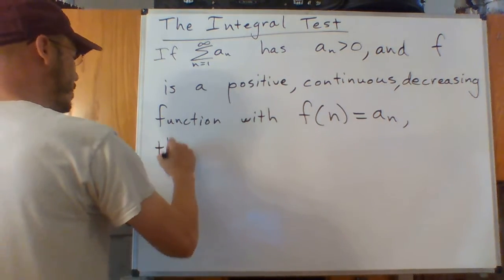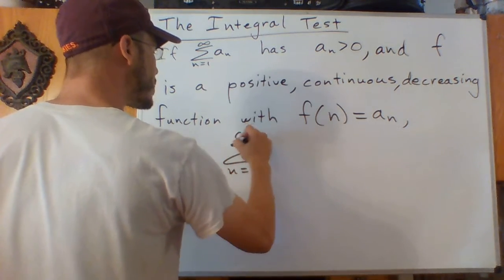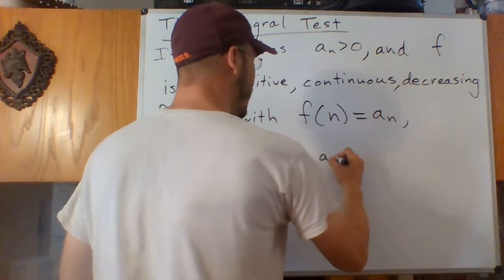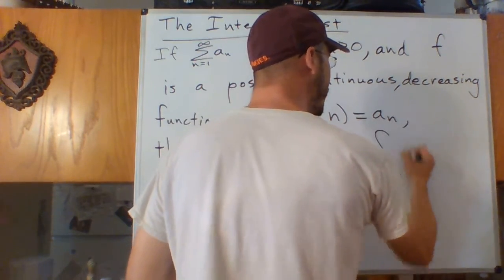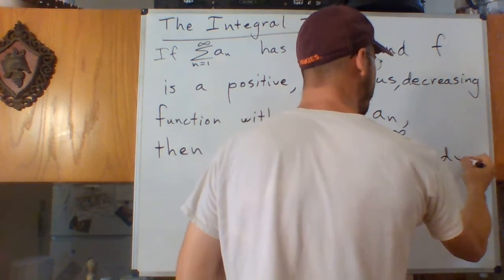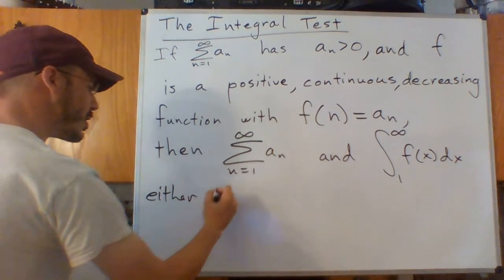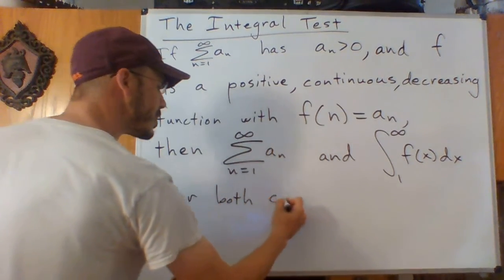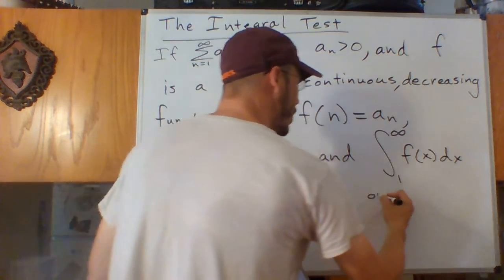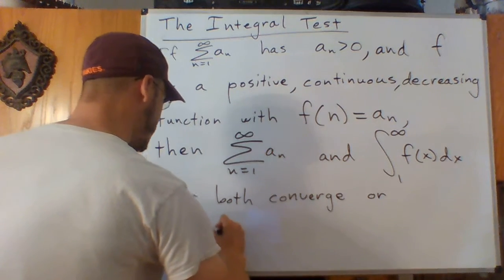Here's the conclusion. Then the sum from n equals 1 to infinity of an and the integral from 1 to infinity of f of x dx either both converge or both diverge.